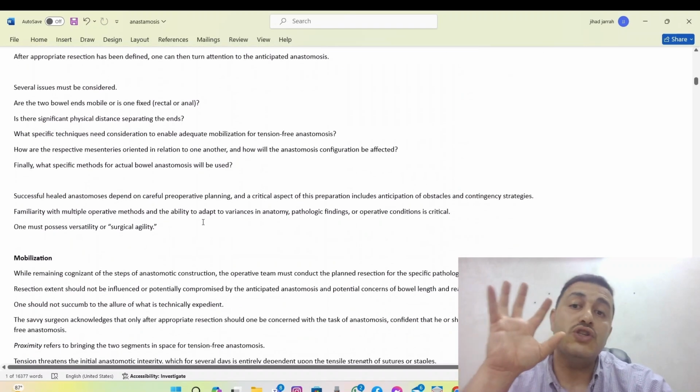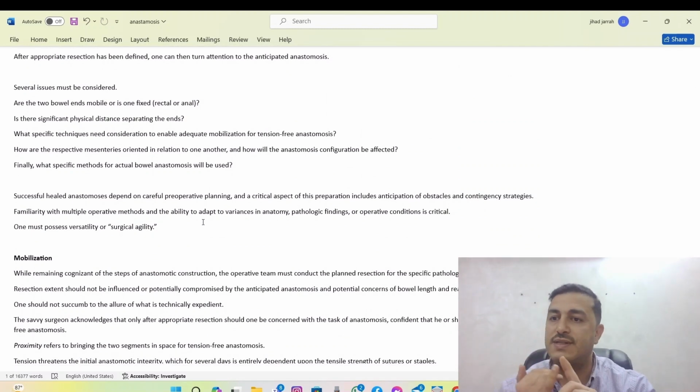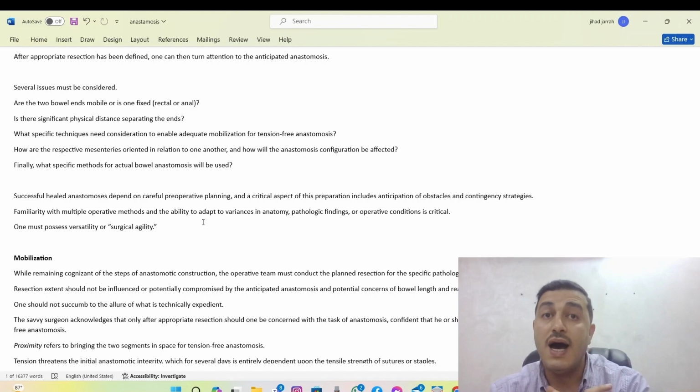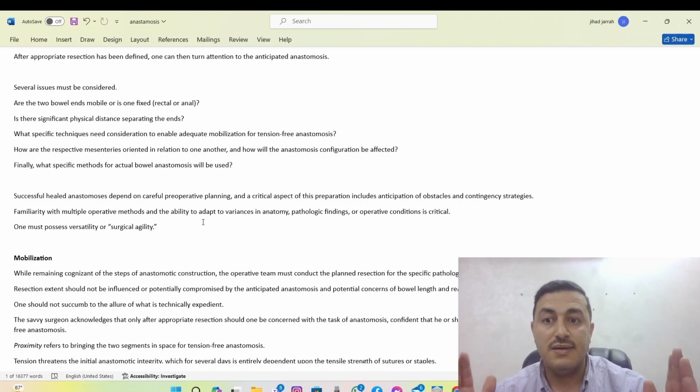There are some questions that you have to ask yourself before surgery. First, are the two segments of the bowel mobile, or is one of the segments fixed, for example, rectum or anus? Is there a significant part I'm going to resect?